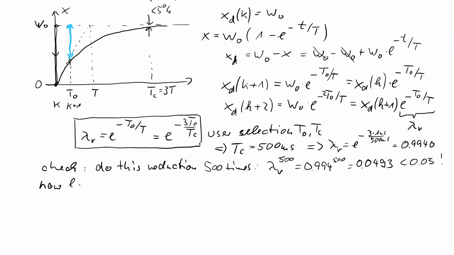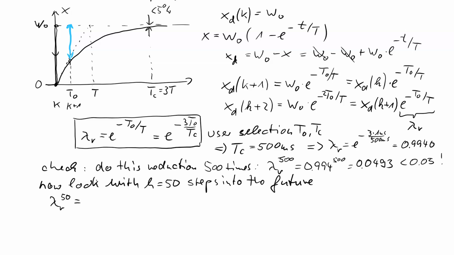With a horizon of 50 steps into the future, we see after 50 steps lambda r to the power of 50 will be 0.7408. What does that mean?